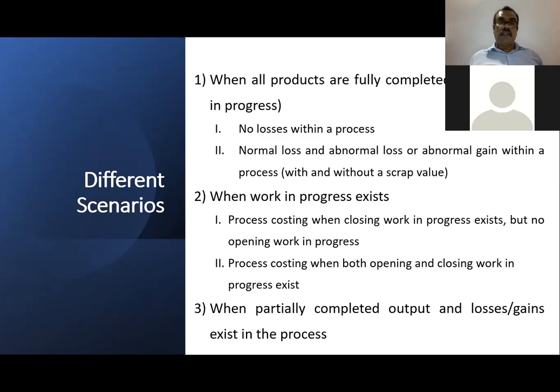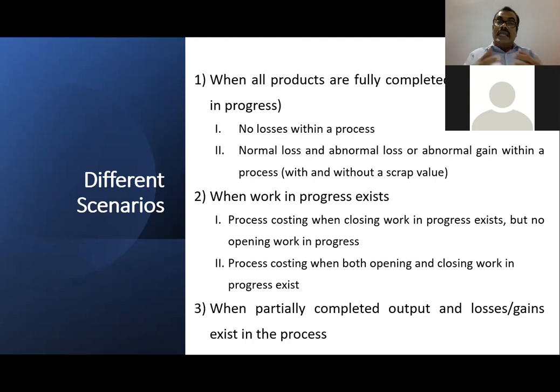So there may be wastes. Sometimes some waste would be a result of purposeful theft. People might take something out of the production process. That's also possible. We do not know.